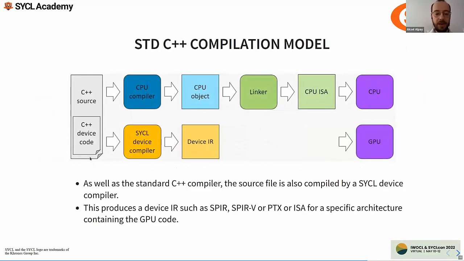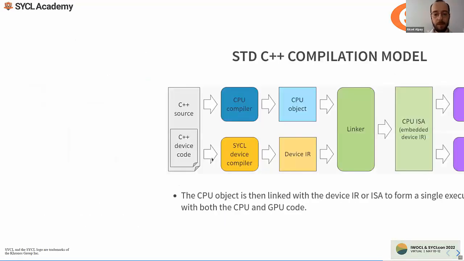So the device compiler also parses your source file and detects those kernels and generates some kind of IR, such as SPIR, SPIR-V, PTX, or machine code for a specific architecture that actually contains the code for your kernels.